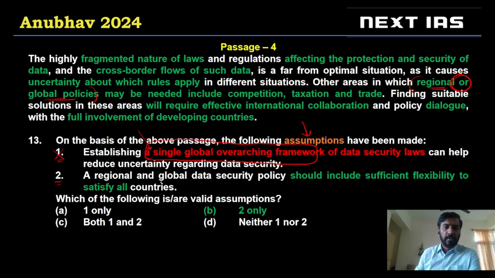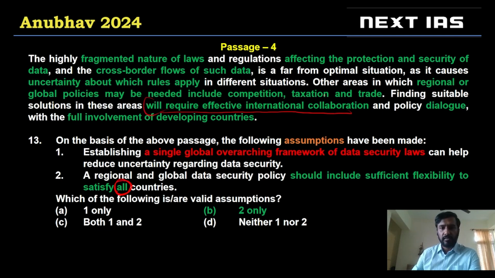Option two, a regional and global data security policy should include sufficient flexibility to satisfy all countries. Okay. Now, this phrase, to satisfy all countries, might seem problematic, but we'll determine it. We'll see if we can infer it. Finding suitable solutions will require effective international collaboration.